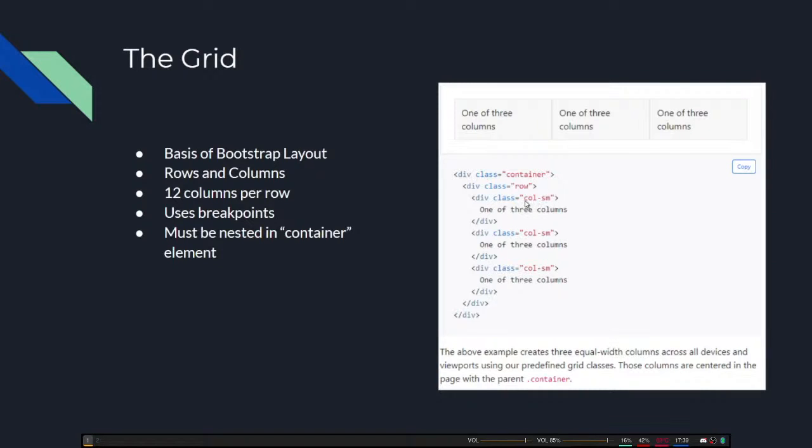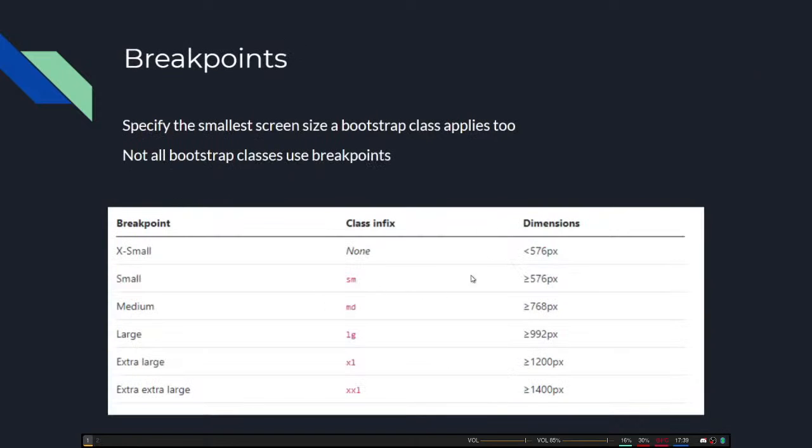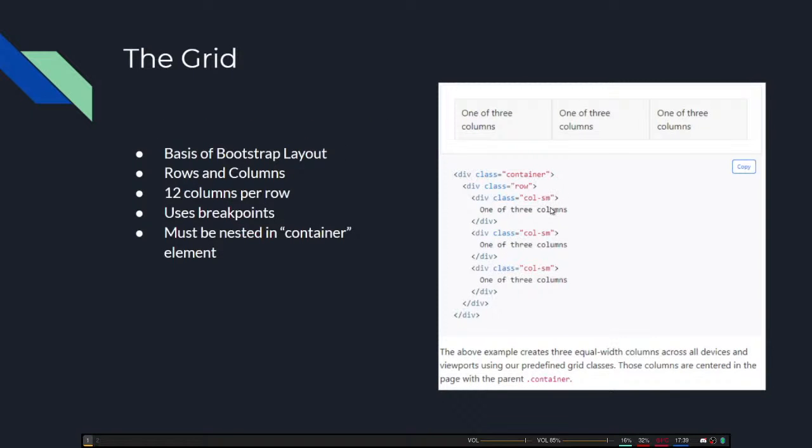And then what this means is that at every screen size that is bigger than the SM breakpoint, which is greater than or equal to 576 pixels, this column class will be applied.